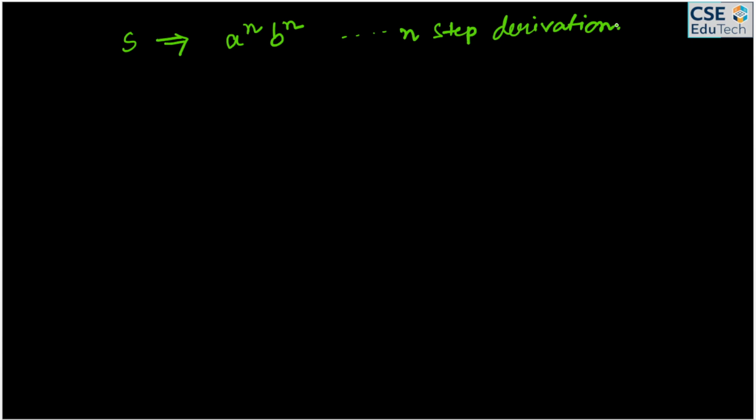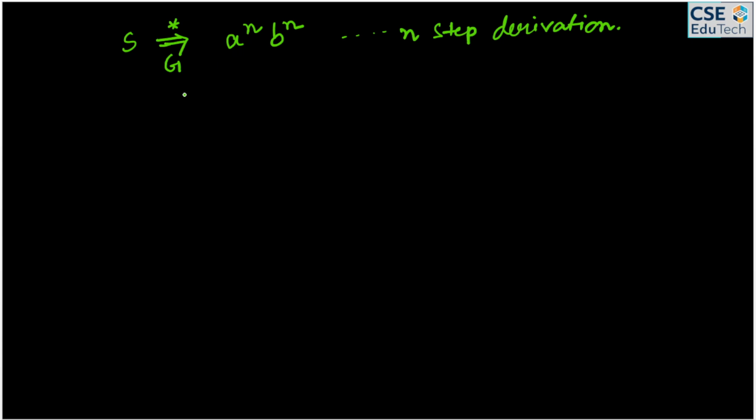Now what we have seen is that the smallest string generated by this grammar is ab, and the pattern is a to the power n, b to the power n. So we can say that from the start symbol, by application of the grammar G through any number of substitutions, we find this pattern.